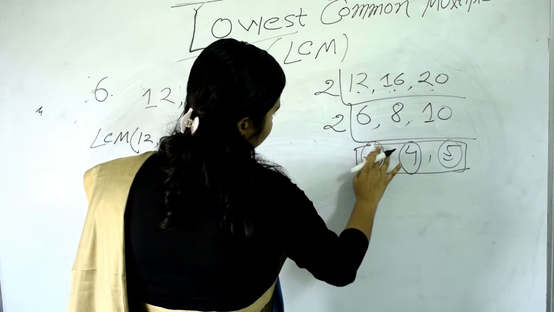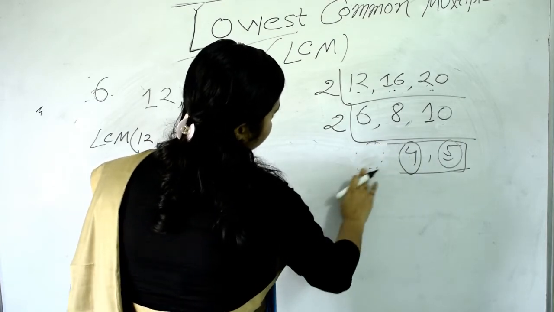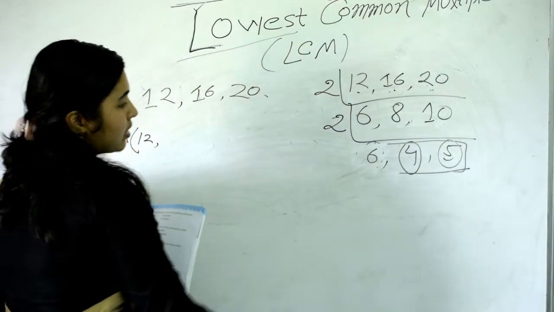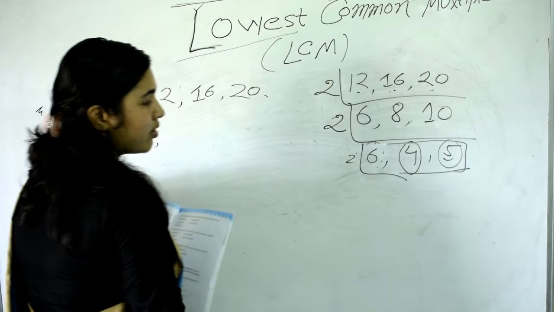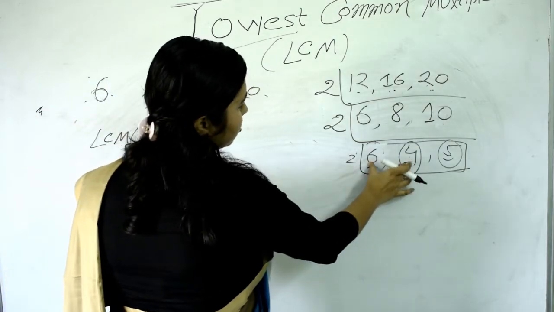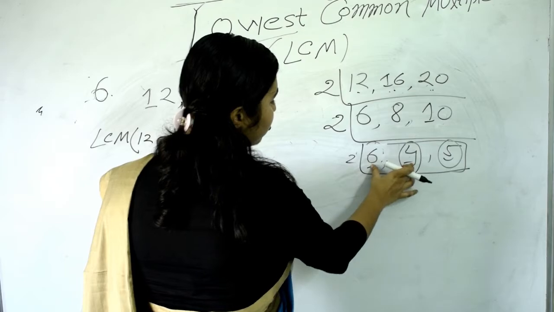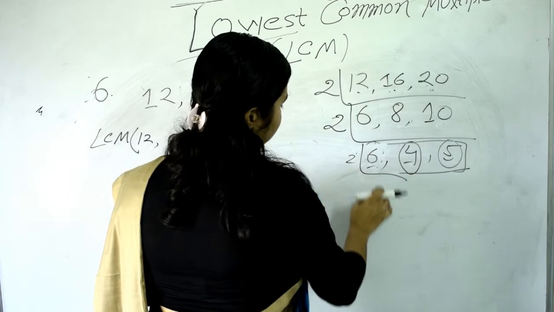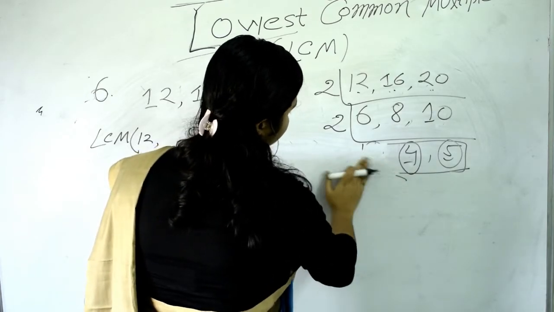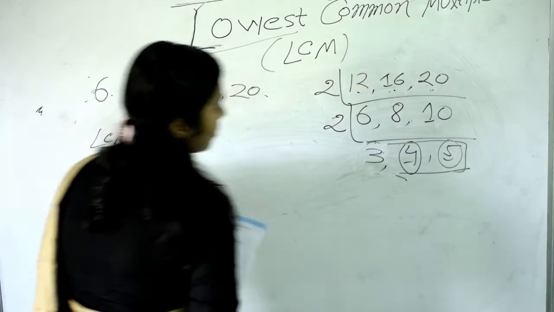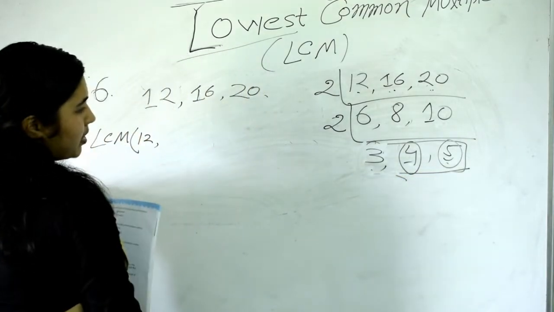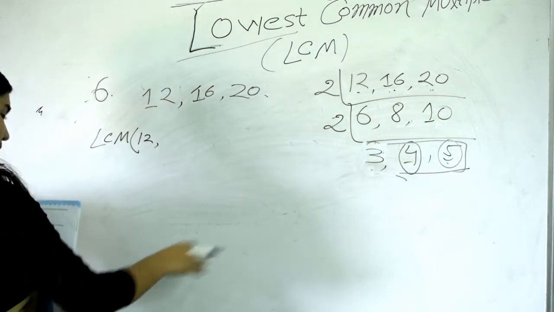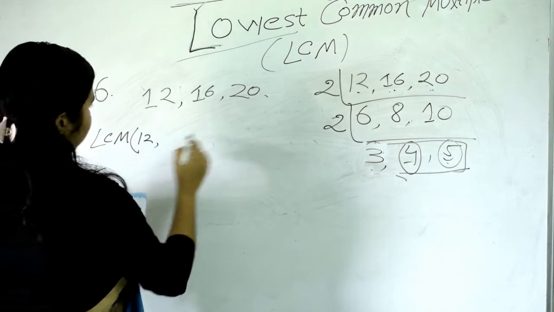If in place of 3 we had 6, then we would have to divide again, because one number is prime and two are composite numbers. But here 3 and 5 both are prime numbers and only one number is not prime, so we don't have to take the factorization again.